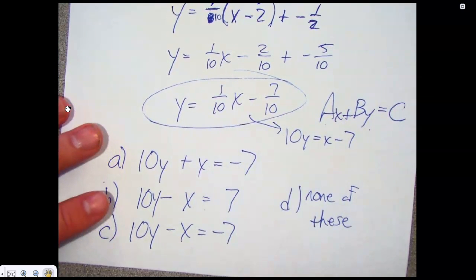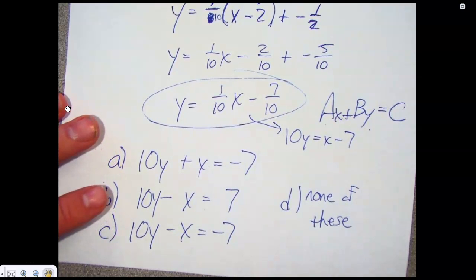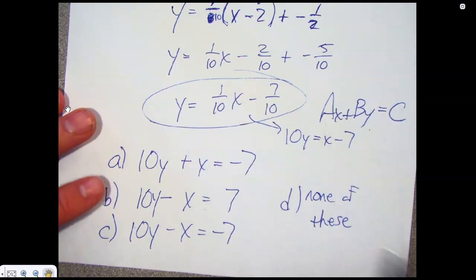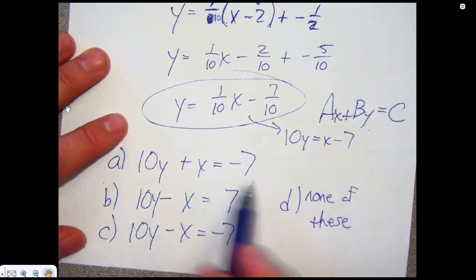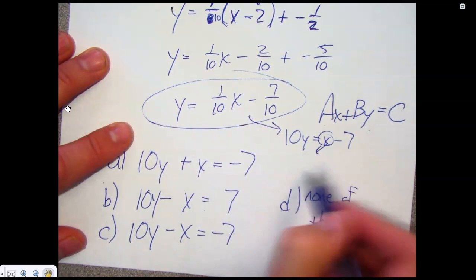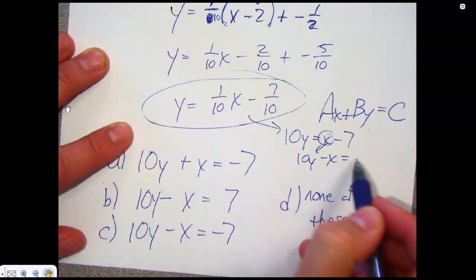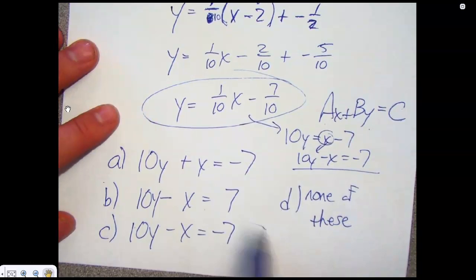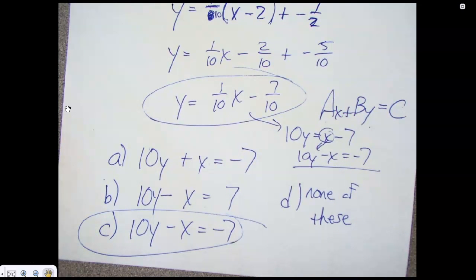Fair enough there? Is that easier to match up from that point then? Does that help you get where you go? And then I'll see which one of these matches. So if I brought that x over, now it would be 10y minus x equals negative 7. So it was C.